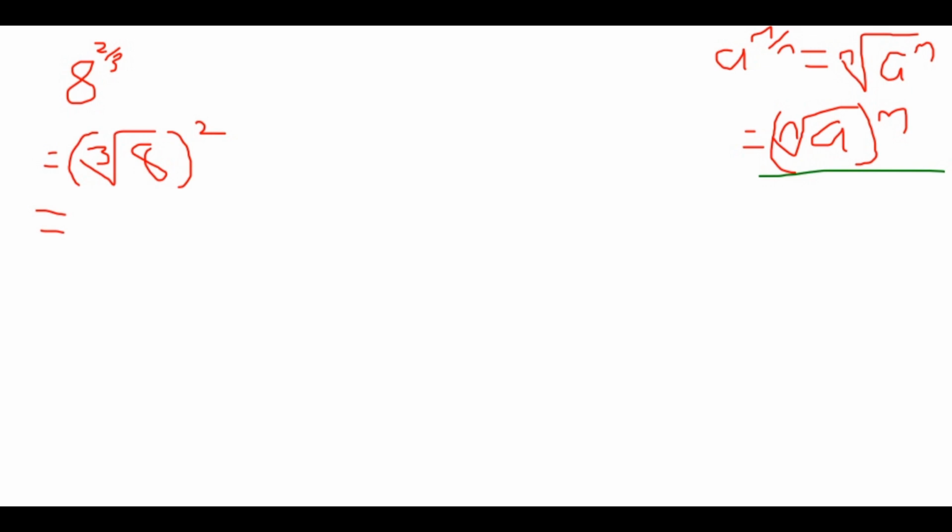The third root of 8 is 2. So we are going to have 2 in brackets raised to the power of 2. And 2 to the power of 2 is 4. So this is your answer.